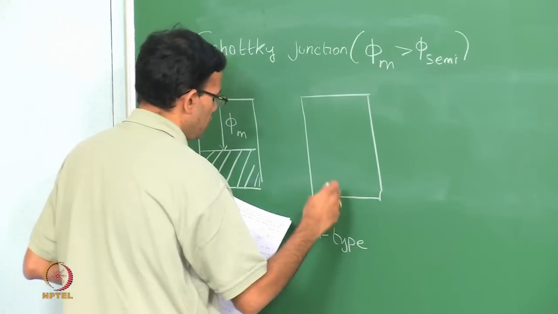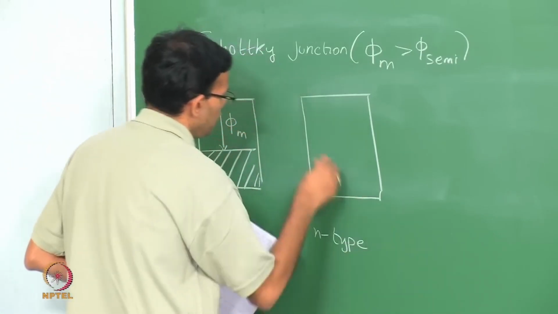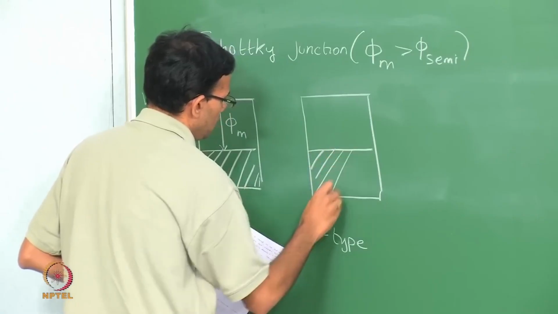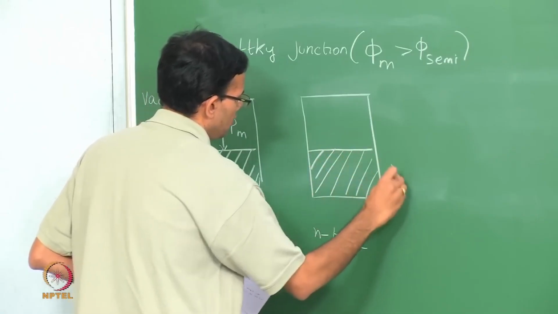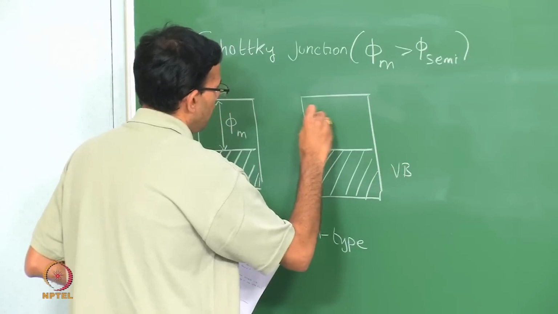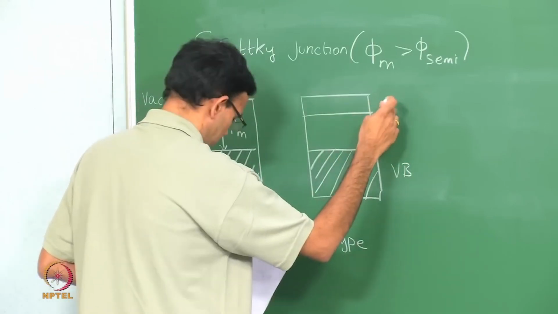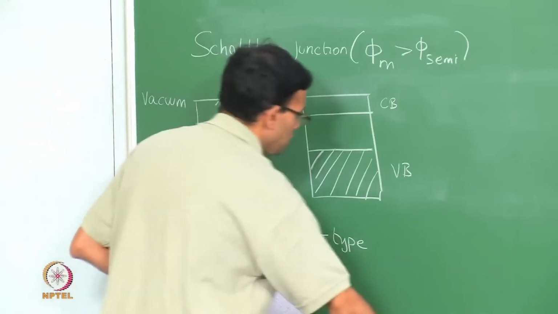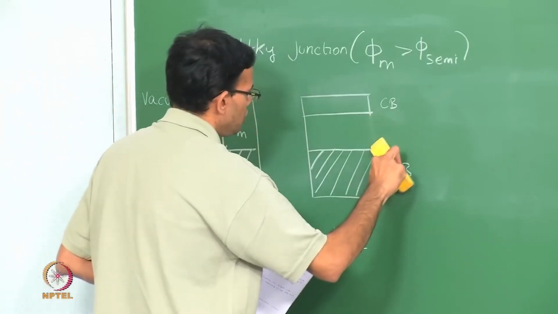In the case of a semiconductor, we know we have a valence band, we have a conduction band, and there is a band gap.